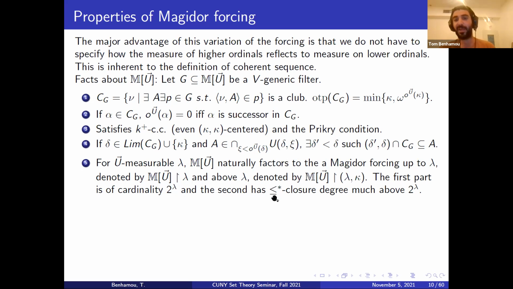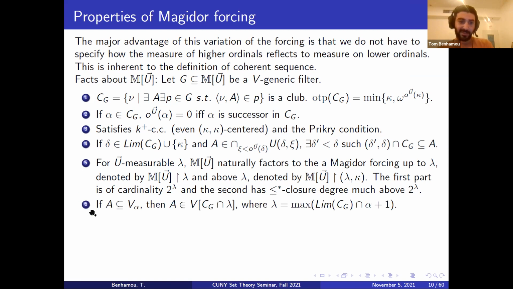And the upper part has a high closure degree, less or equal star closure degree, certainly above 2 to the lambda, because the closure degree corresponds to the completeness of the measures you have on the upper part. Over there, the first measurable would be a measurable above lambda, because of how it's defined. So you have a high less or equal star closure degree. This is another property.